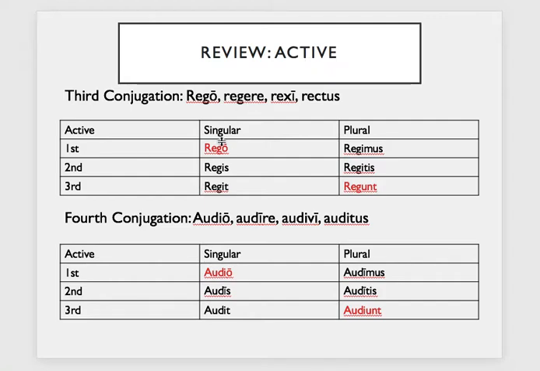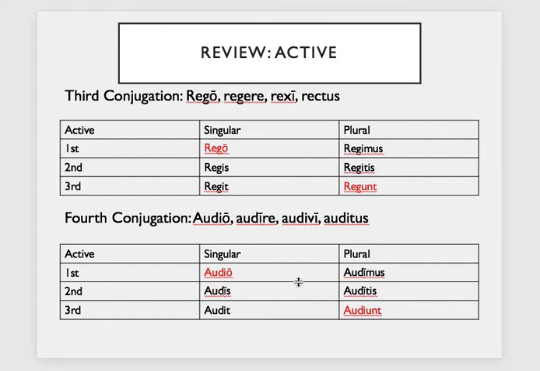So I've highlighted them. Rego versus audio, right? We saw in that first person singular, there was an I popped in the fourth conjugation. Then we saw the only really meaningful difference was in the third plural, regunt, as opposed to audiunt, where we saw the I pop in. The other thing to note, for pronunciation reasons, is that the I's in all but these third plural forms became strong, became long.